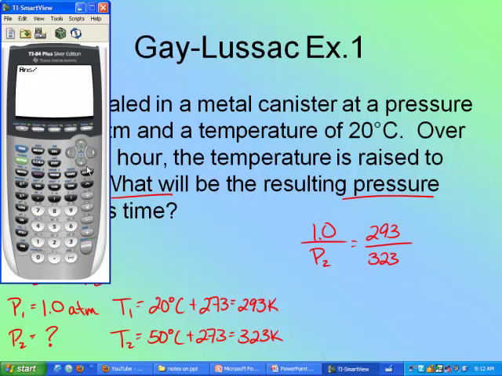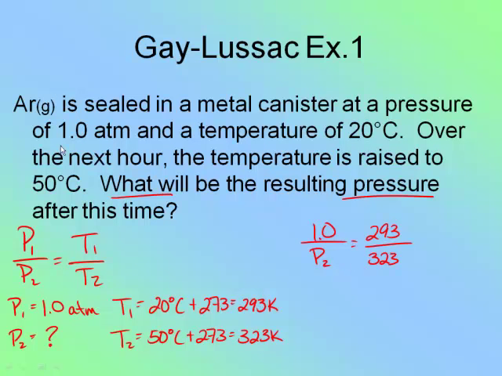Typed something in wrong. Oops. Divided by 293 equals 1.10. Again, it's got two significant figures in the pressure, three significant figures in the temperature, so I have to go by the pressure. So my answer would be 1.1 ATMs.